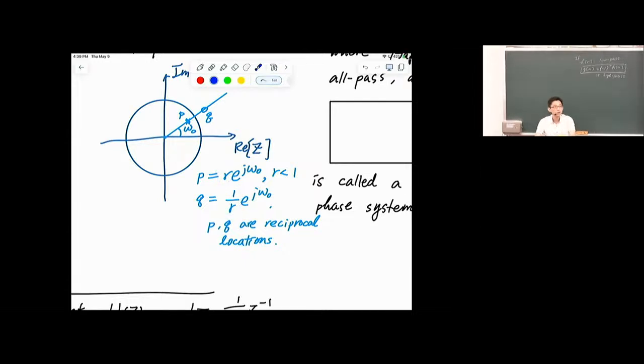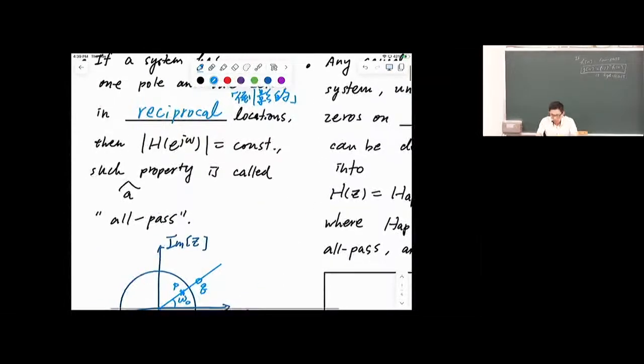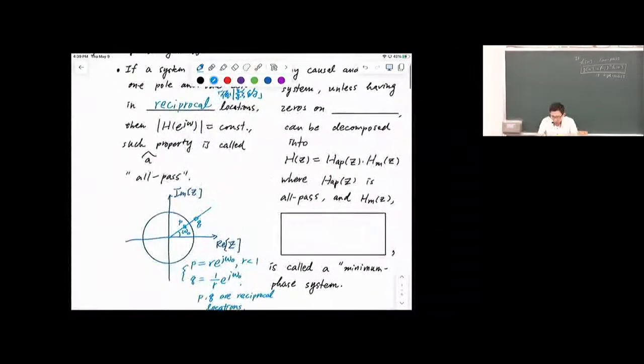Reciprocal. So if P and Q satisfy this definition at a certain angle and a certain radius, a certain parameter r, then it turns out that we'll be able to show that a system having a pole right there and a zero right there has a constant magnitude response.